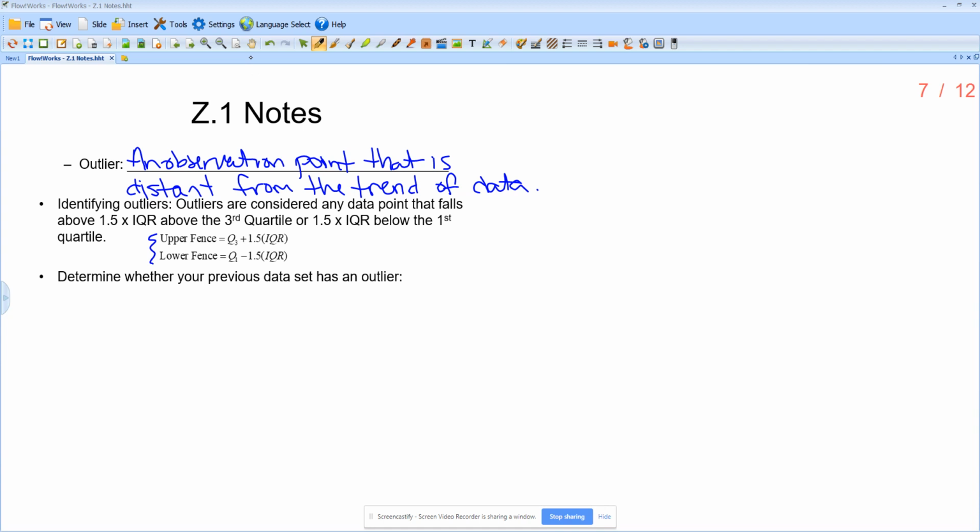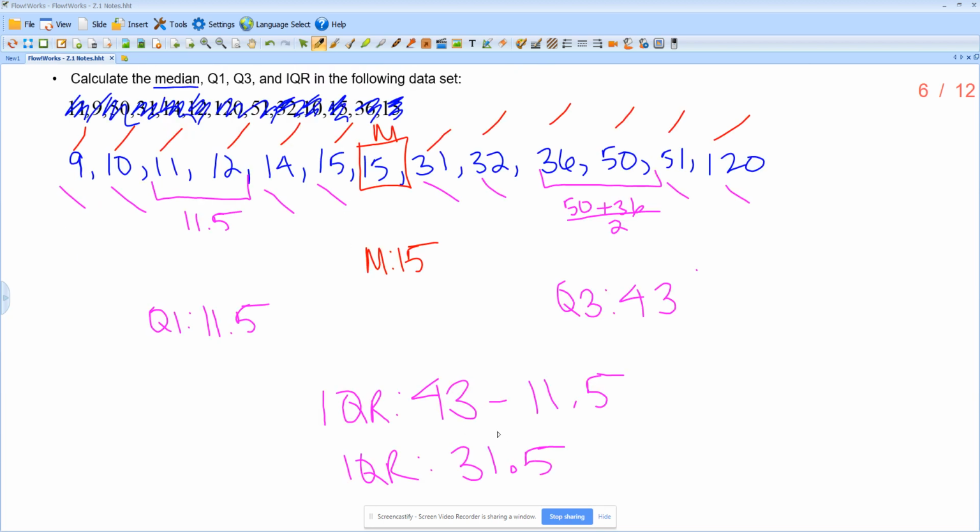The next thing we want to talk about is whether or not there's an outlier in that data. So the first thing we need to find is the upper fence and the lower fence. Upper fence is Q3, so going back, Q3 is 43, plus 1.5 times the IQR.